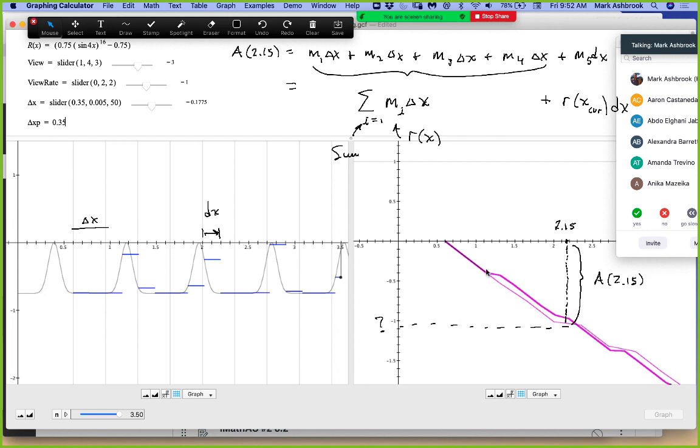And this dark one is our new approximate rate function. You can see how it's much different than the original. The original is the fainter one, that was the one we had before for delta x of 0.35. Now our delta x is 0.1775. And how about this approximate rate function? Better or worse?